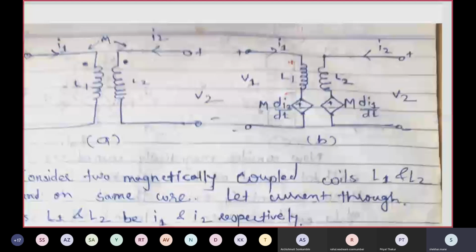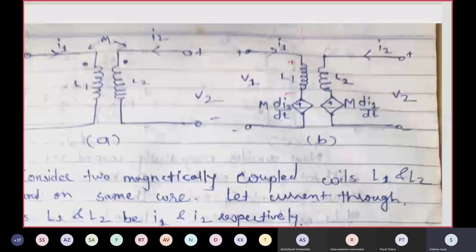So both the polarities are same. That's why both the voltages get added. And similarly, in case of coil 2, again the polarity remains the same. Positive, negative, and then positive and negative.